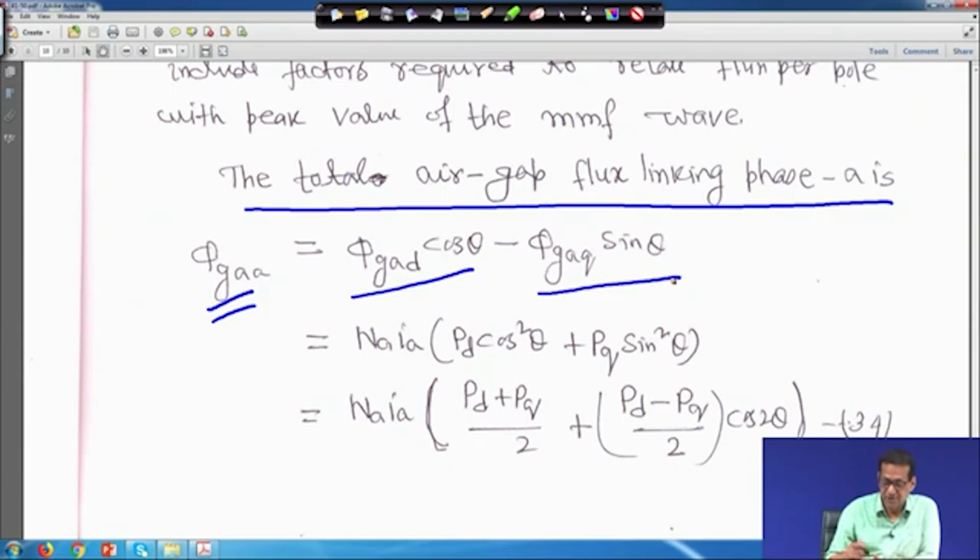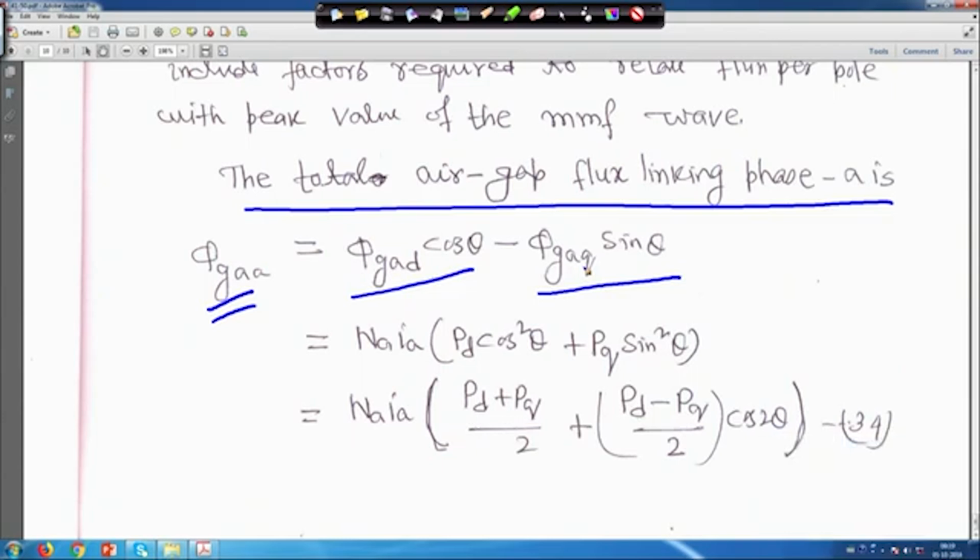Now from the previous equations 32 and 33, substitute phi_gAD equal to N_A I_A P_D cos theta, and similarly phi_gAQ equal to minus N_A I_A sin theta into P_Q.